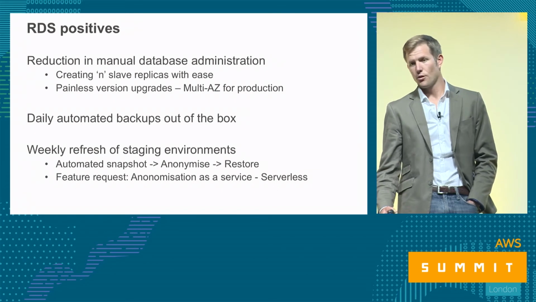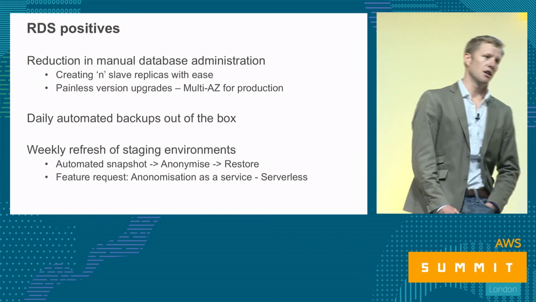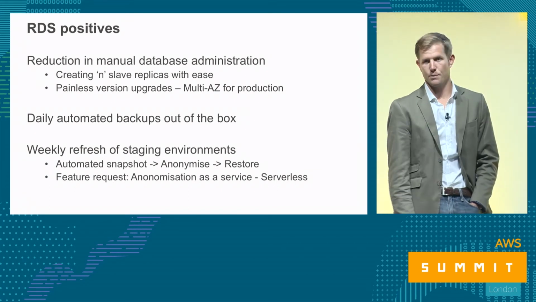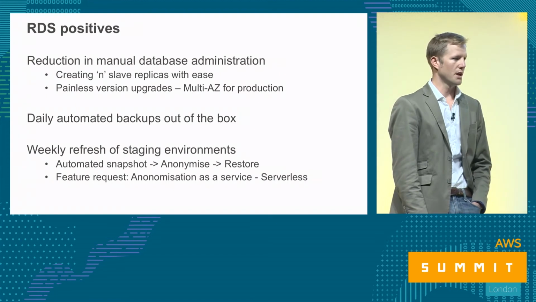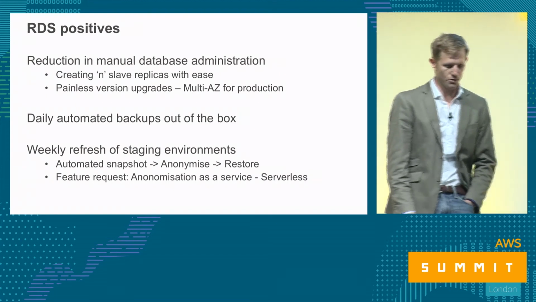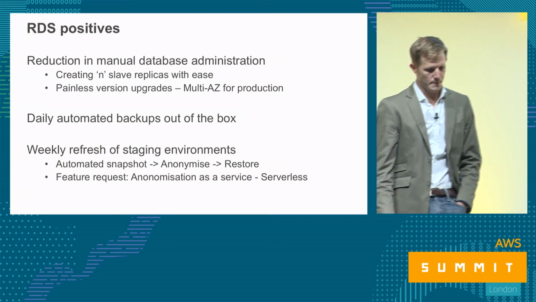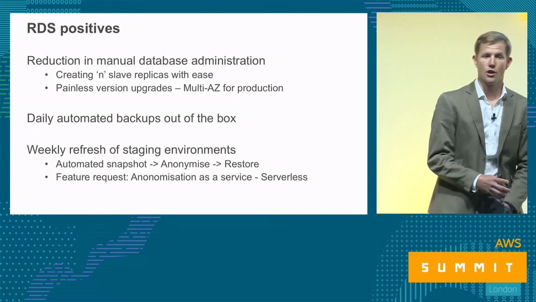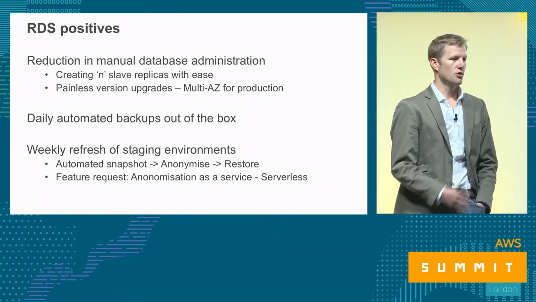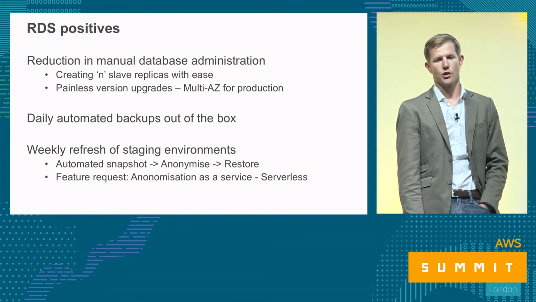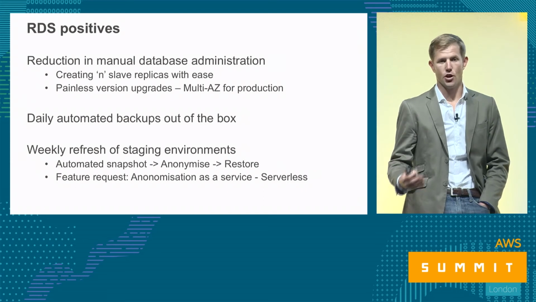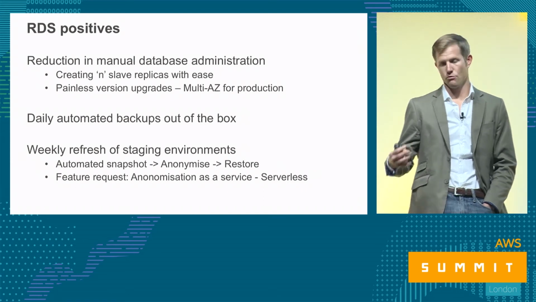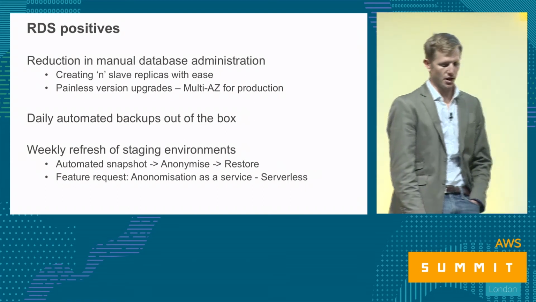You also get daily automated backups out of the box, and you can do manual snapshots of those automated snapshots whenever you want to. And then the refreshing of staging environments is also a lot easier now. Generally we'll take a snapshot of the database, anonymize that, and then restore it in a staging environment.